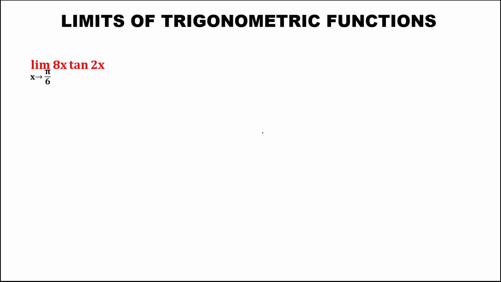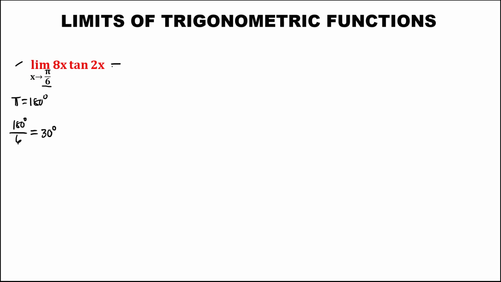So let's solve this problem. To evaluate the limits of these trigonometric functions, from this given, since pi is equal to 180 degrees, therefore this pi over 6, we have 180 degrees divided by 6, and this is equal to 30 degrees.